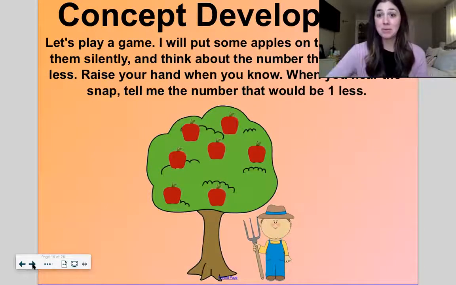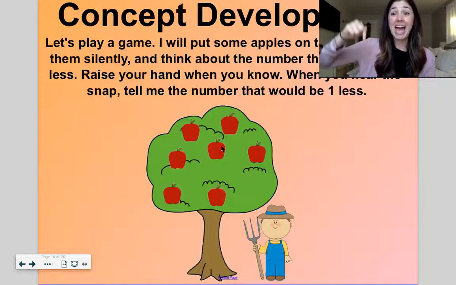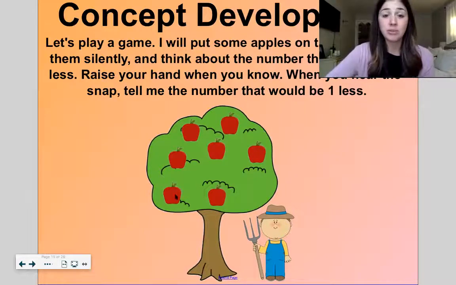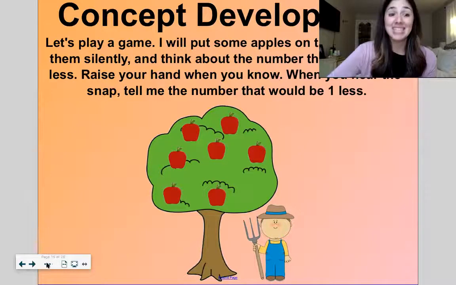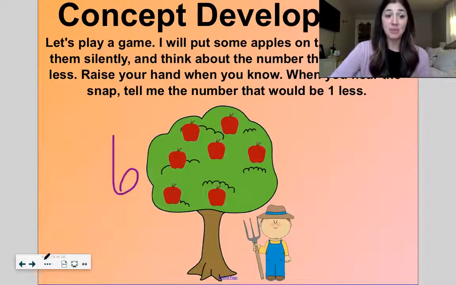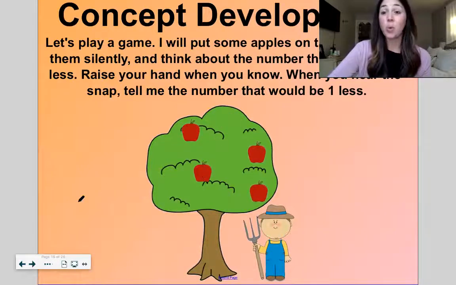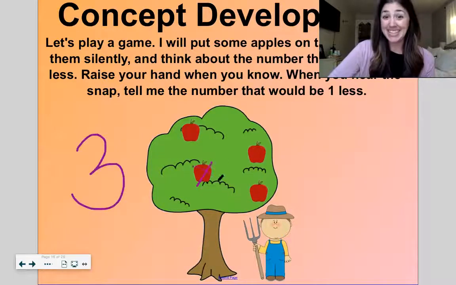Okay, now let's play a game. I'm going to put some apples up on the tree. Count them, and then tell me what number 1 less would be. So here we have 1, 2, 3, 4, 5, 6, 7. 1 less would be 6, and I'll write it. Okay, ready? We'll do 2 of these. There's 4. What's 1 less? Yes, 3.